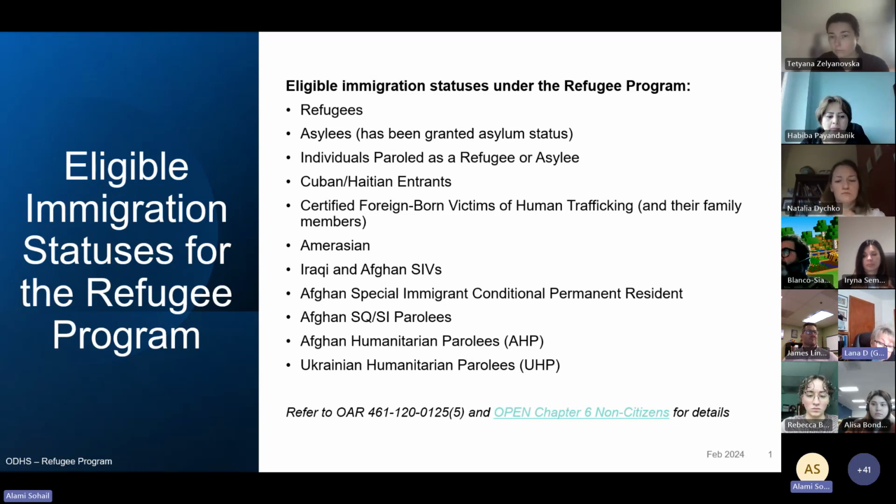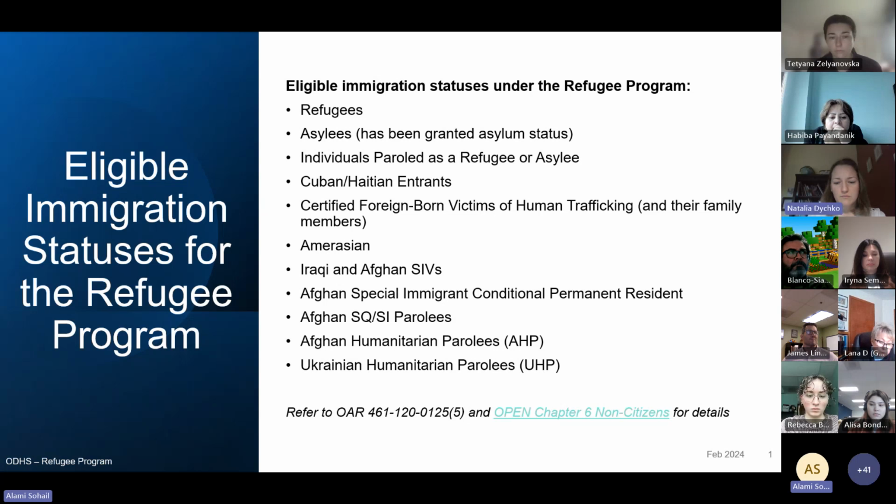Afghan and Iraqi SIVs. We do get a lot of Afghan SIVs. Iraqi SIVs, the numbers have reduced a little bit, but we're still seeing those also. And then there are specific country-focused humanitarian parole and other immigration statuses. So we have the Afghan special immigrant conditional permanent resident.